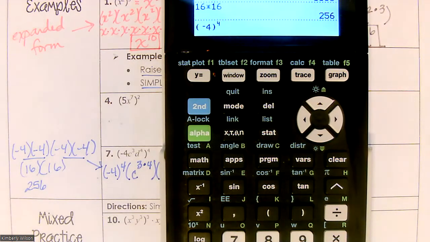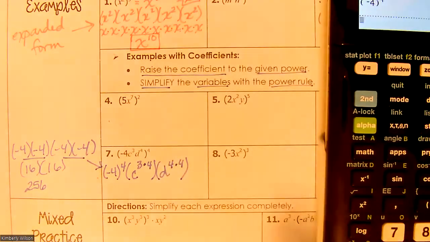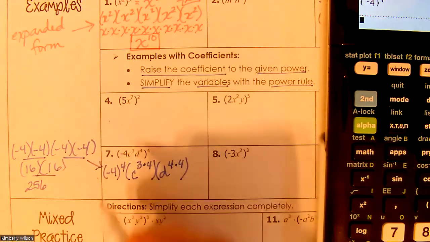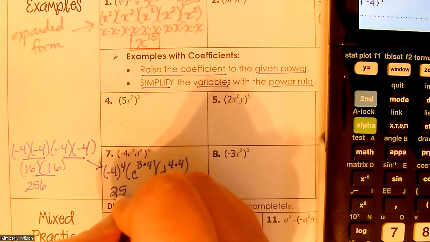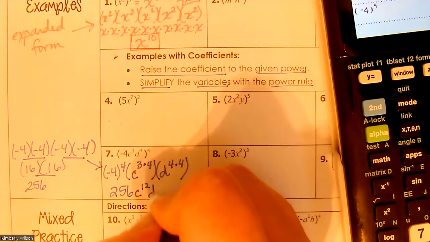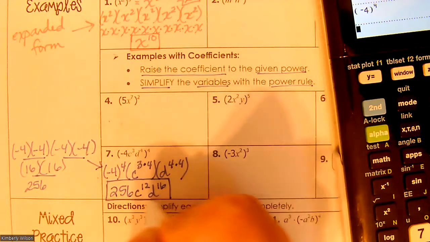And then we press enter, and it gives me my answer, since we do get to use the calculator. But I want to make sure that you understand this is what is happening when we do that. So we have 256 c to the 12th d to the 16th. This is the final answer.